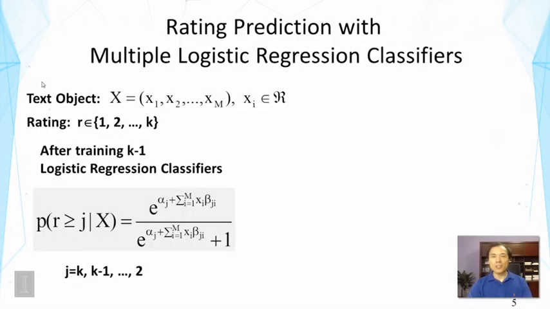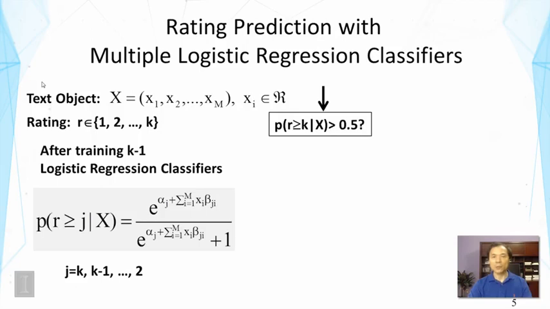So now with this approach, we can do rating prediction as follows. After we have trained these k minus 1 logistic regression classifiers, separately of course, then we can take a new instance and invoke the classifiers sequentially to make the decision. So first, let's look at the classifier that corresponds to the level of rating k.